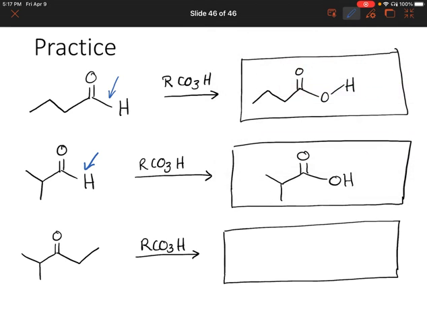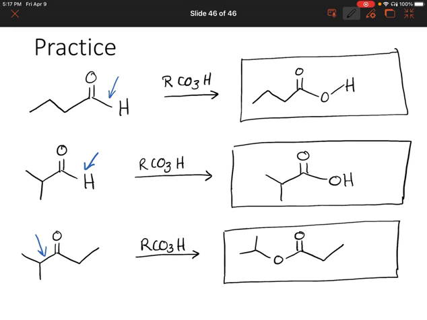Which side has a more substituted carbon? The left-hand side. So the more substituted carbon will win out there. Okay, and we get an ester.